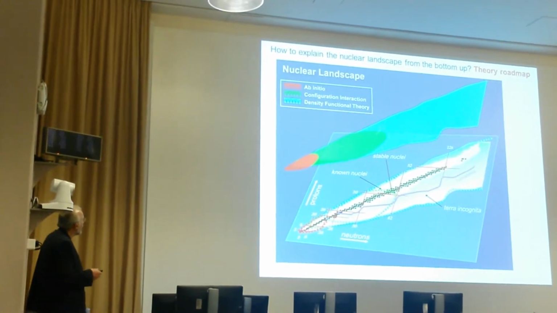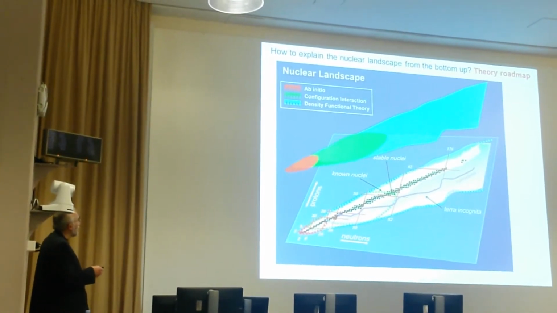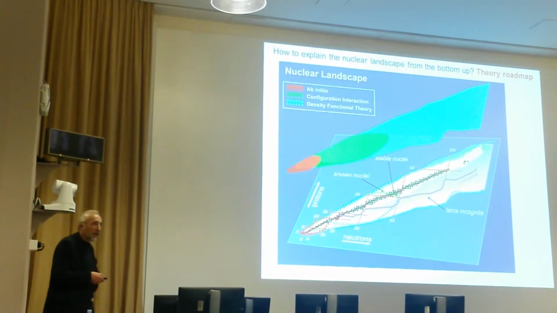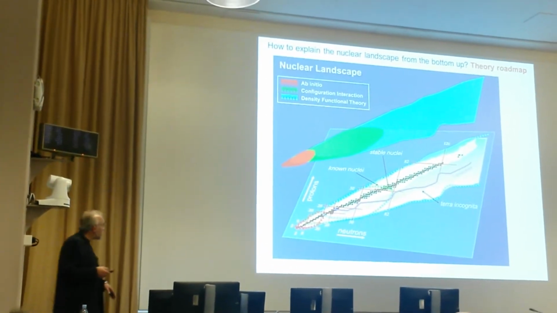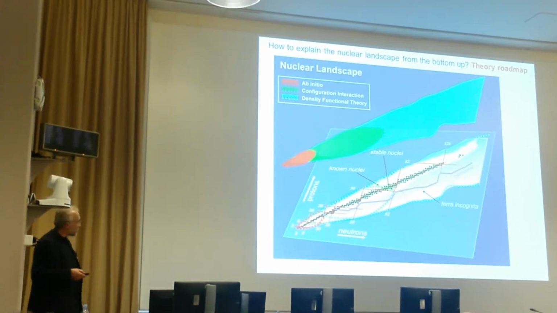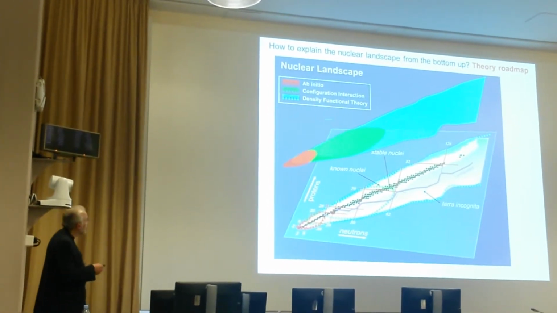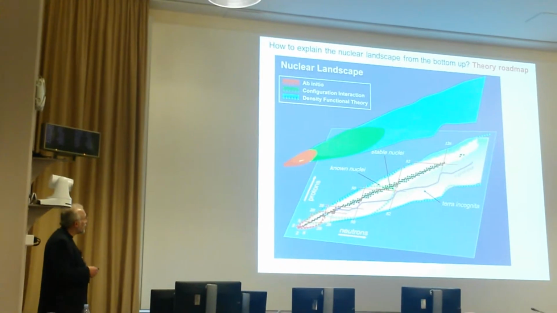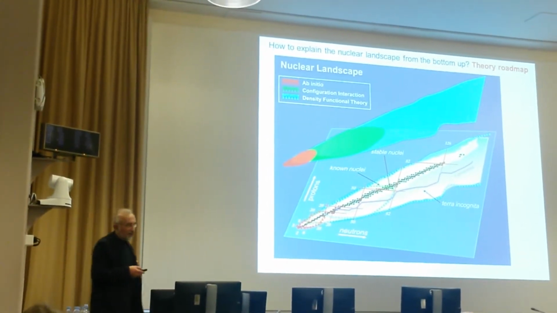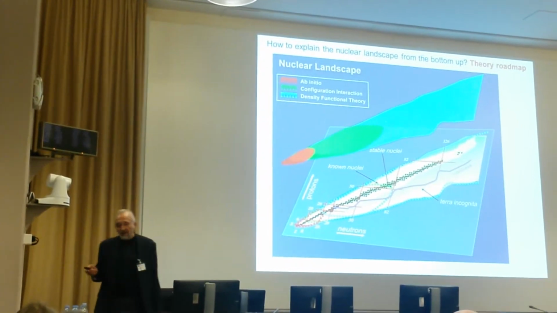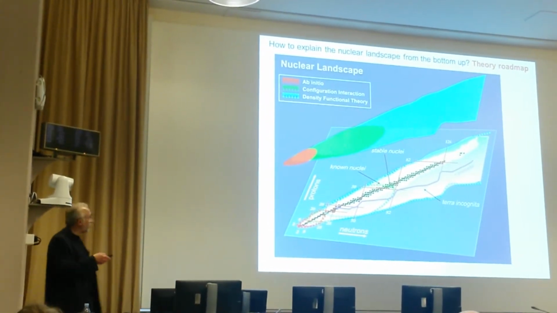Heavier nuclei can be treated well with configuration interaction approaches, which eliminate part of the space, treating this space effectively, and then density functional theory, which in principle can cover the whole landscape, but the nuclear energy density functional is yet to be found.